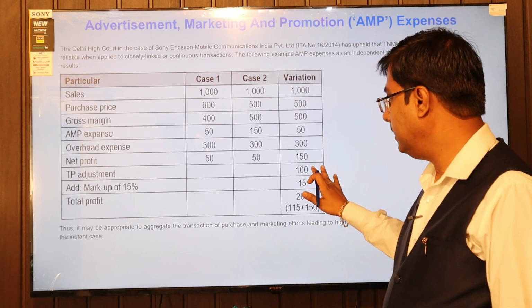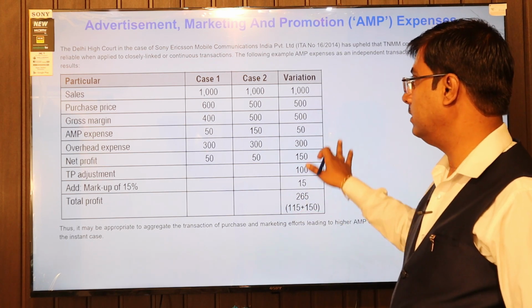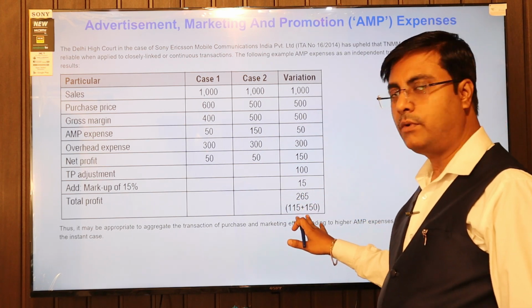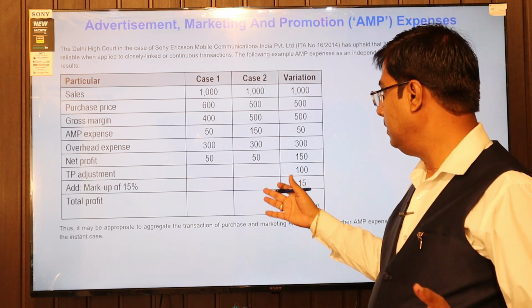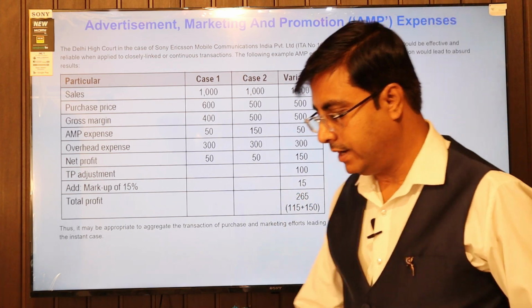So the department made a primary adjustment as well as a markup of 15% on this sale. Your profit goes up from 10% to 26%. This is the AMP issue at present.